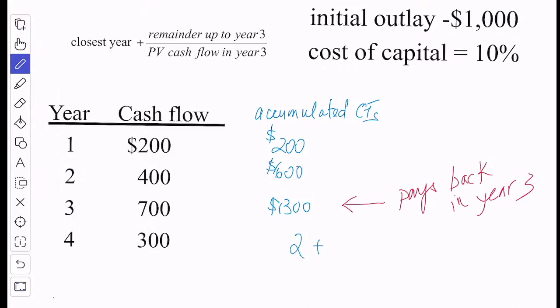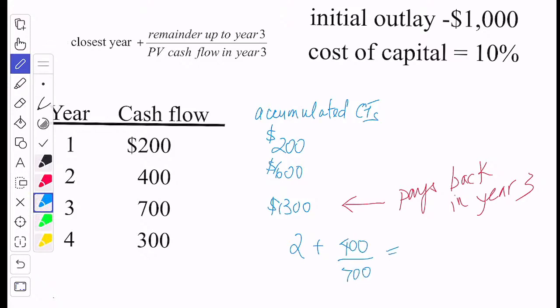And now it's not always 2, it's just my examples seem to have 2 years, but it could be more, right? In this problem it's 2. There's $400 remaining, and you spread them out over 700. So the payback period is equal to that.